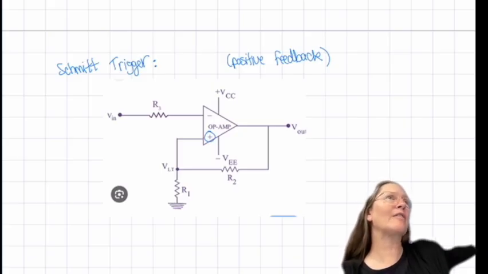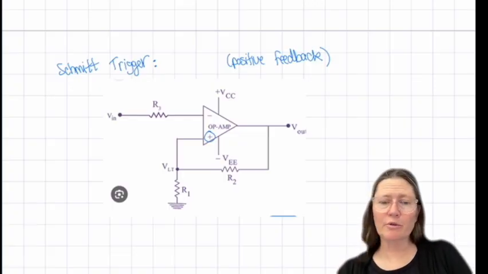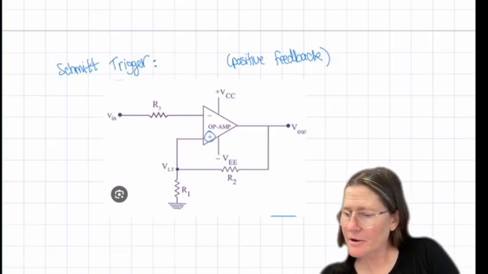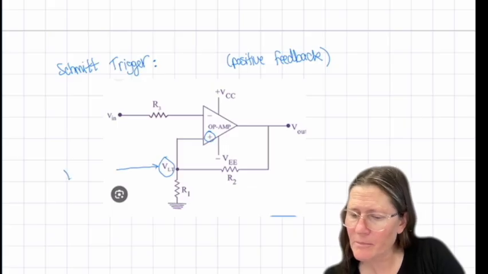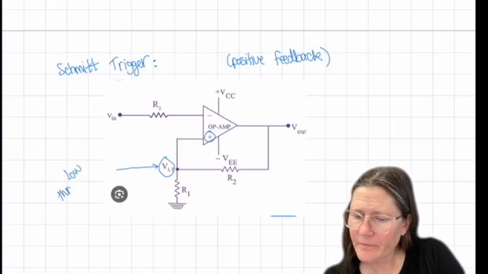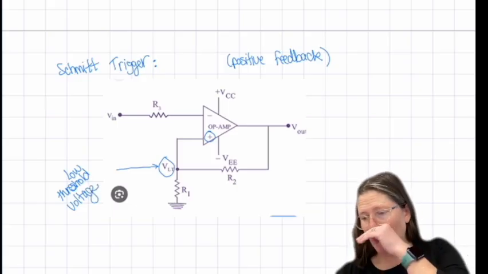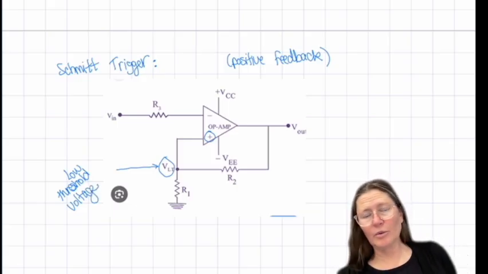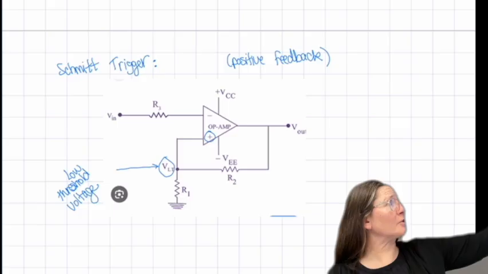So instead of having it immediately trigger, you'll use this VLT, your low threshold voltage. This is where you set your threshold voltage. It will compare your VN to that low threshold voltage, and the low threshold depends on your output.